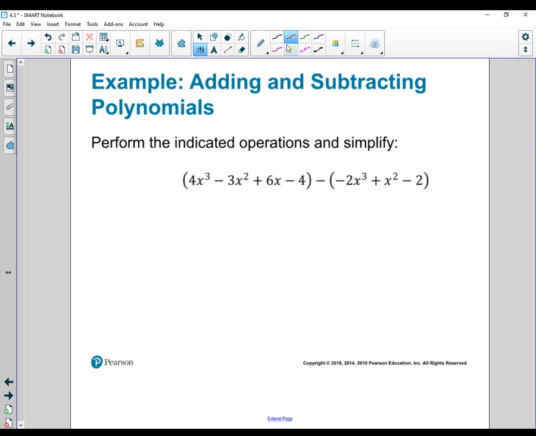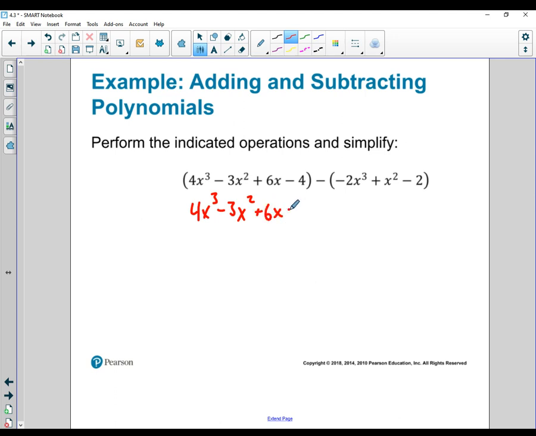And then maybe we could do a lineup method. For this, I still like to distribute the negative, but we can just line it up. So let's do that one. But if you line it up, you have to do this one first if you're keeping this negative. So 4x cubed is the highest, then minus 3x squared plus 6x.